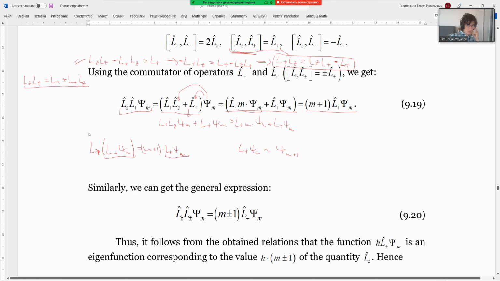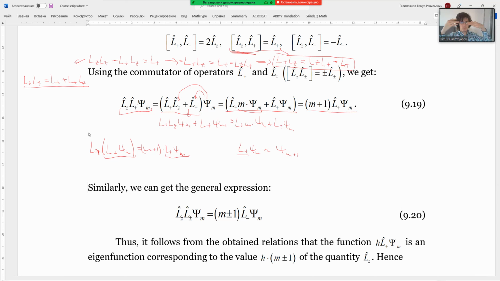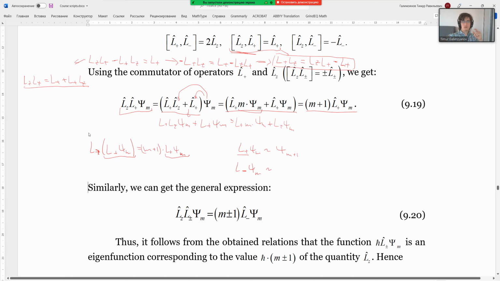So, what does the L plus operator do? It increases the projection of the angular momentum by 1. And the same thing holds for L minus. L minus decreases the projection of the angular momentum by 1.